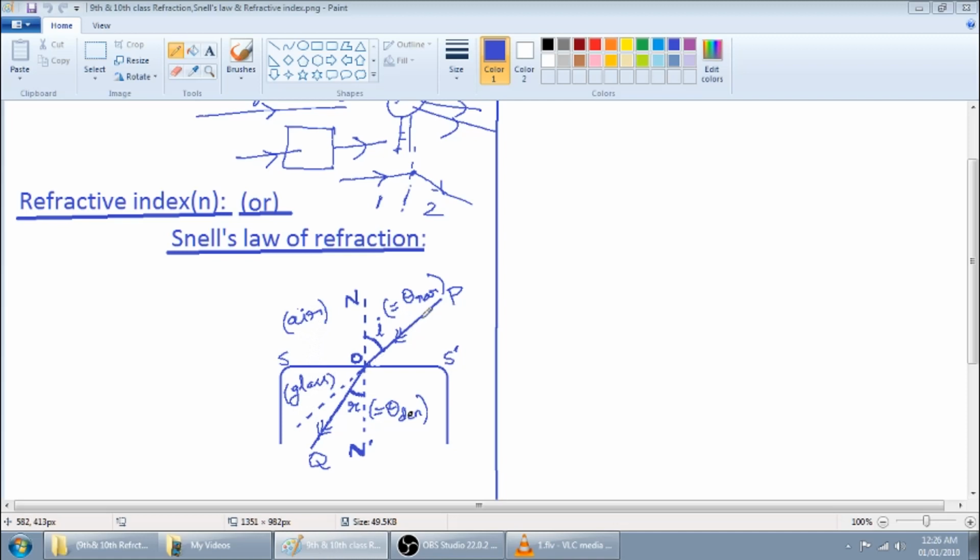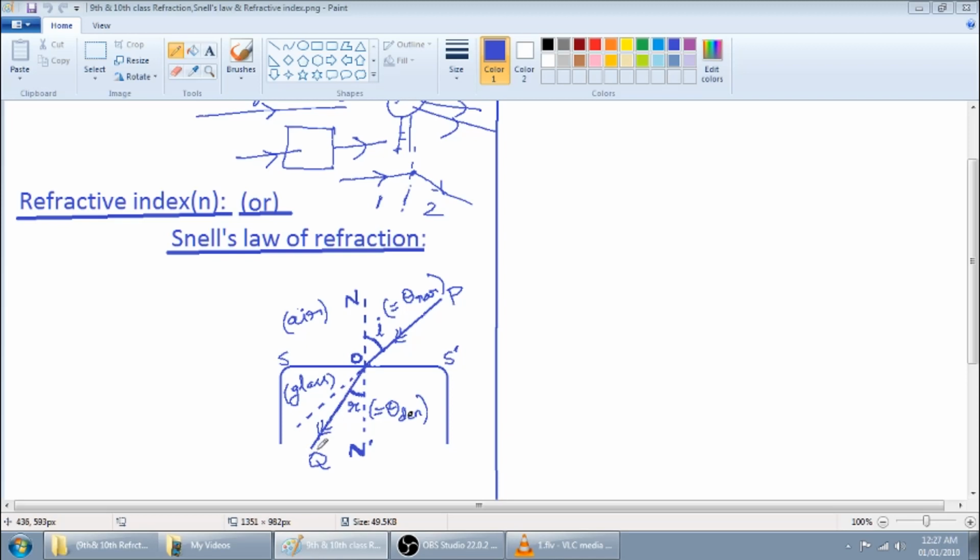Once the light ray passes from the air medium into the glass medium, that is, from a rarer medium into a denser medium, we have already seen the light ray bends. After bending, the direction of the new light ray is shown as OQ here. This itself is called the refracted ray.